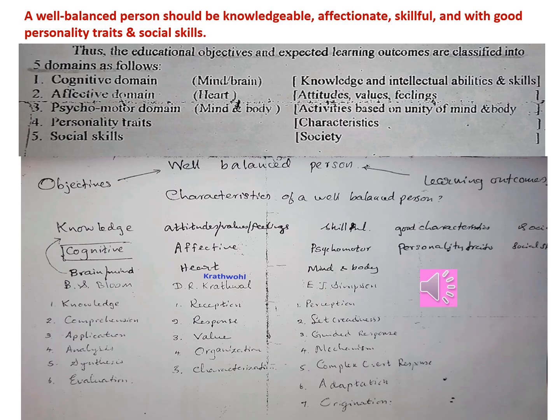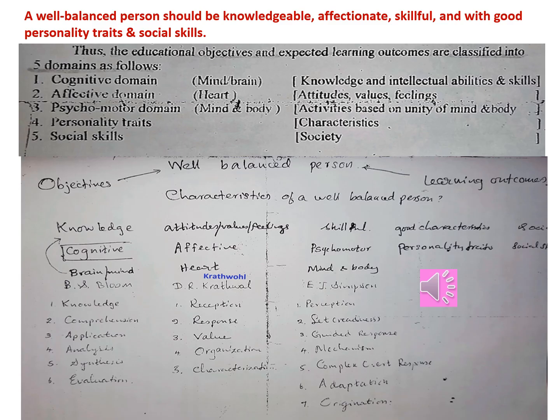The correct spelling is Krathwohl, right? D.R. Krathwohl's taxonomy. According to this taxonomy, Krathwohl has put forward 5 steps in order to develop good attitudes in students.